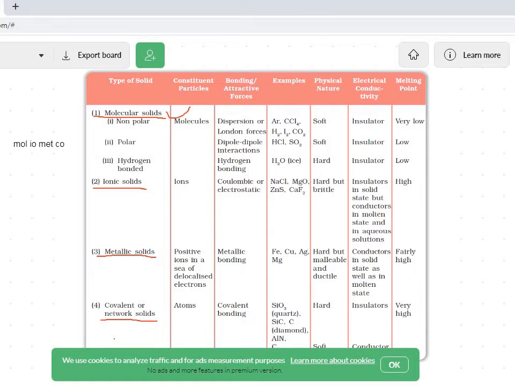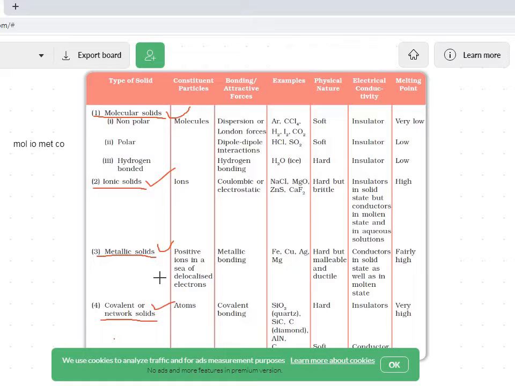Io stands for ionic. Met stands for metallic. And co stands for covalent. So how are we going to remember the types of solid? Mole, io, met, co. Let us now learn one by one.